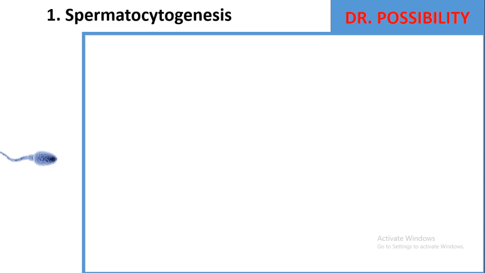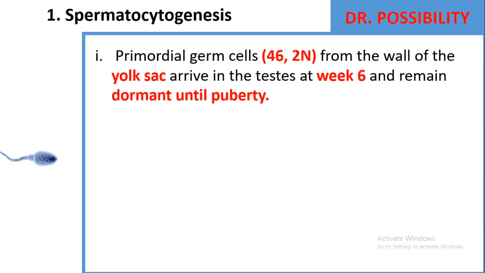I'll start with spermatocytogenesis. When you talk of spermatocytogenesis, we are looking at the beginning of this process. This is where the primordial germ cells, which have a diploid number of chromosomes, move from the walls of the yolk sac and arrive in the testes.